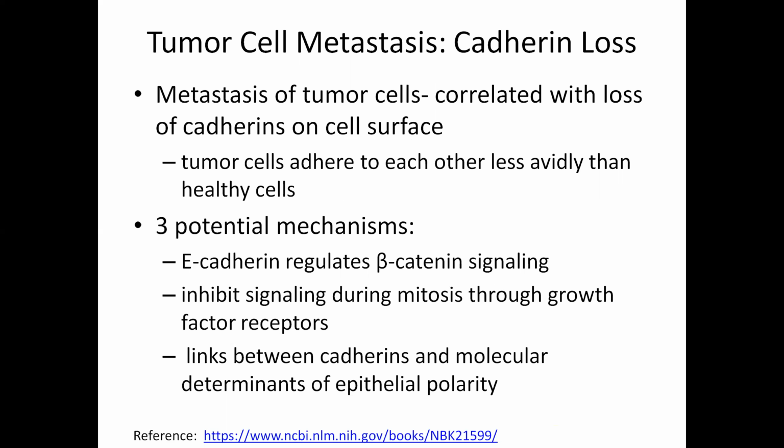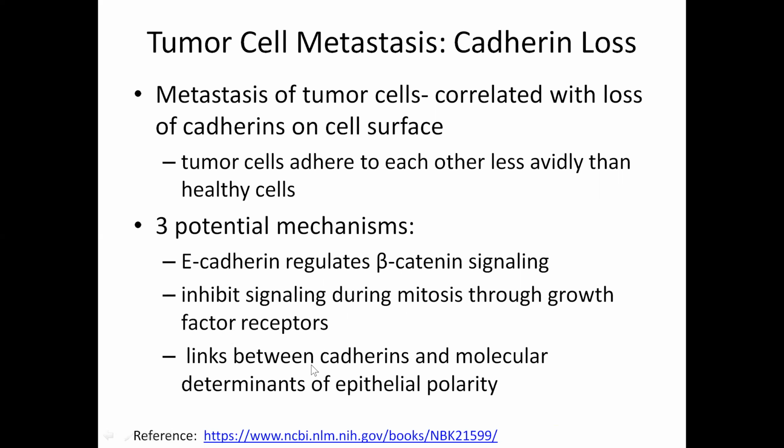Epithelial cadherin regulates beta-catenin signaling. So if this goes wrong, then this may occur in tumor cell metastasis. Epithelial cadherin also inhibits signaling during mitosis through growth factor receptors. So you can imagine if it's not working, then tumor cells may multiply easily.